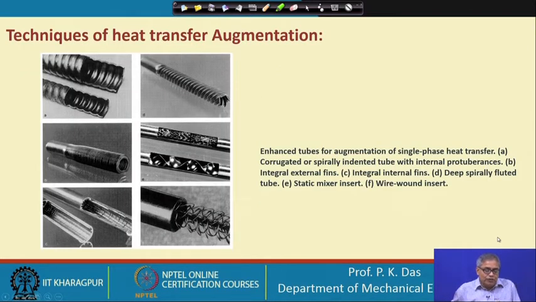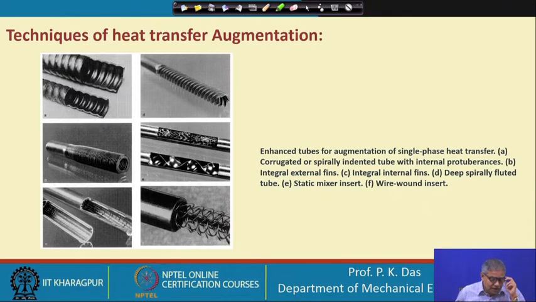Here we have shown techniques for heat transfer augmentation, basically passive augmentation. The first one you see, this is a tube, but the tube surface has been given some sort of a shape, so that the boundary layer is disturbed and gives more heat transfer. In the second one, that is B, there are some sort of microfins over the tube surface.